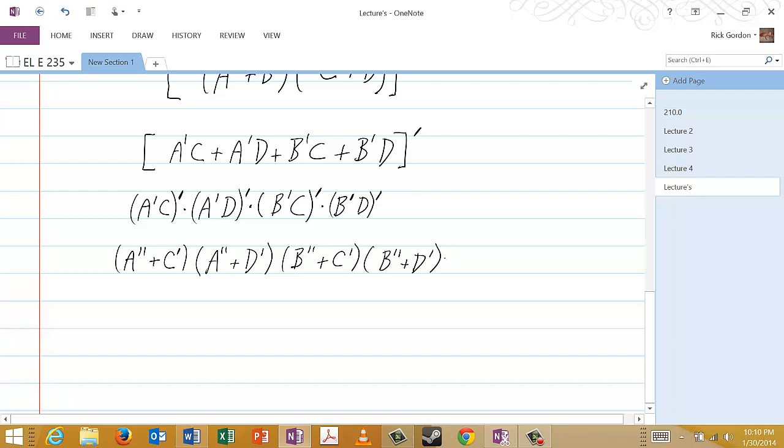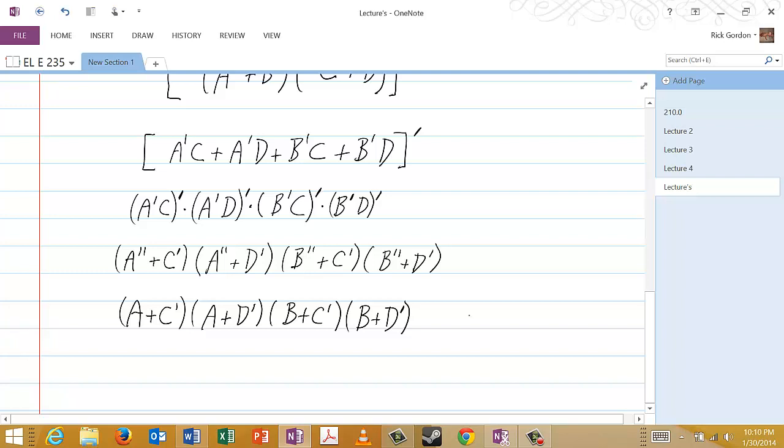And then, as before, we will simplify all terms that have double complements, because A complement complement is A, B complement complement is B. So we have A or C complement, A or D complement, B or C complement, and B or D complement.